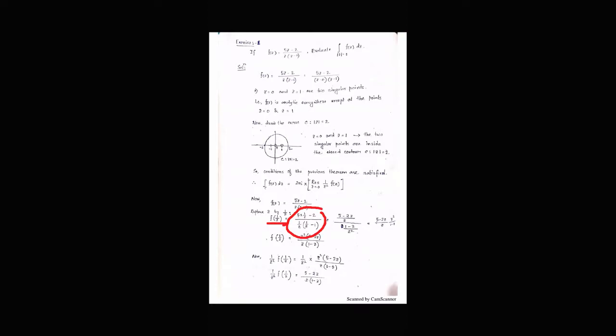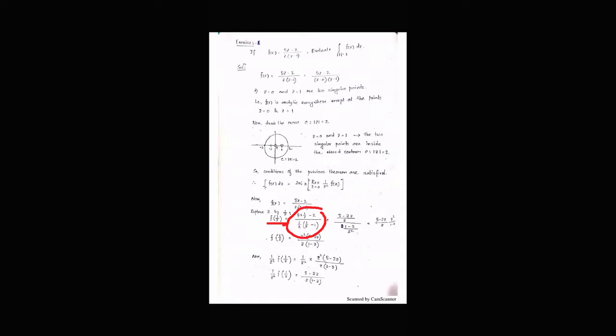The function f(z) was (5z minus 2) by z into (z minus 1). We are writing 1 by z in place of z.